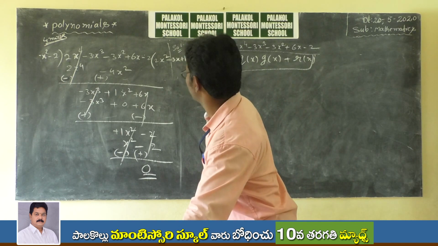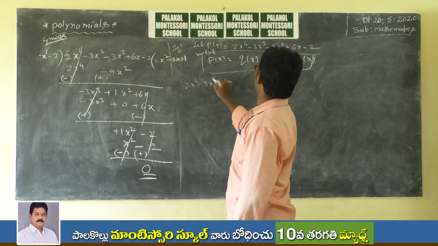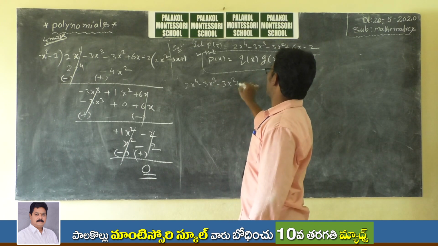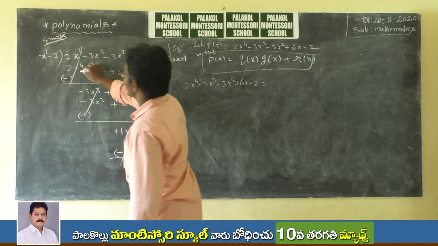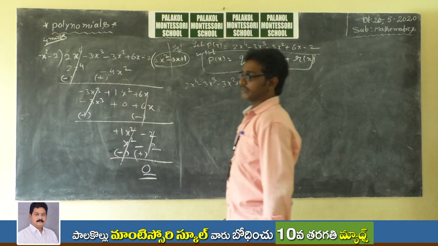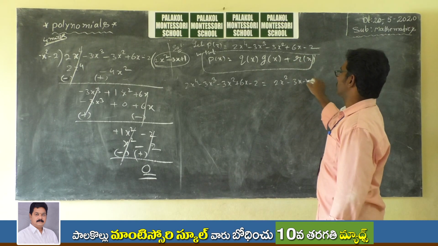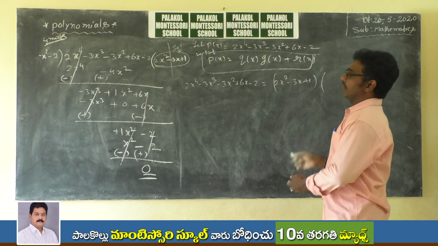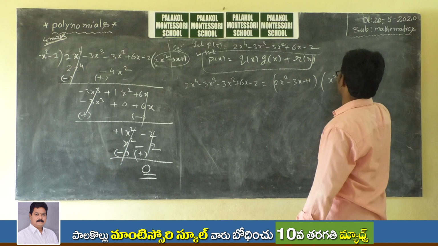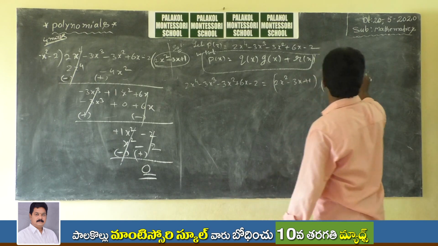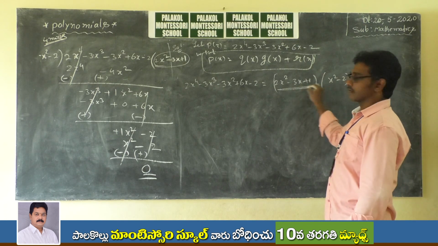What is Q of x? 2x to the power of 4 minus 3x cube minus 3x square plus 6x minus 2 is equal to Q of x, which is 2x square minus 3x plus 1, times g of x, which is x square minus 2. Next, the remainder is 0. So you find out these factors.